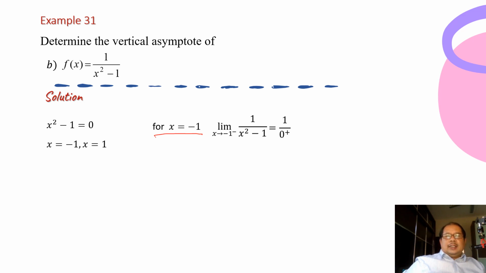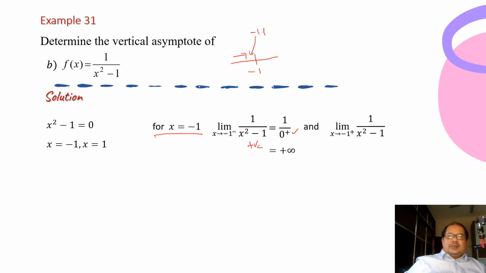Let's say you can test any value close to negative 1 from the left. Let's say negative 1.1. Negative 1.1 squared, you get greater than 1, so you get a positive value here. So nilai dia adalah positive infinity.